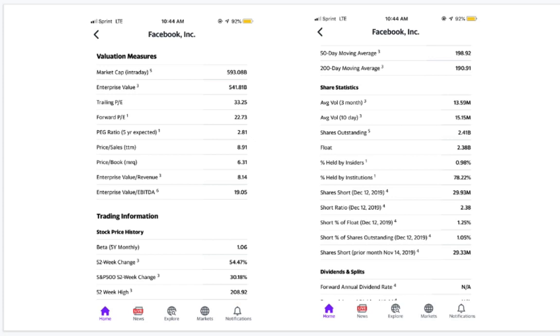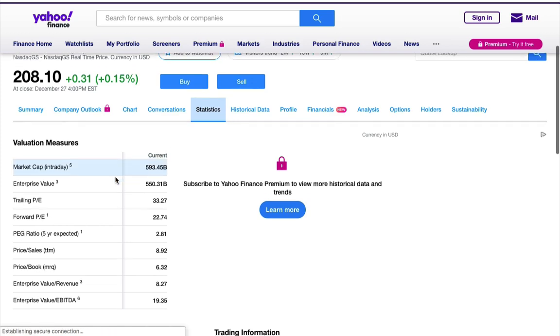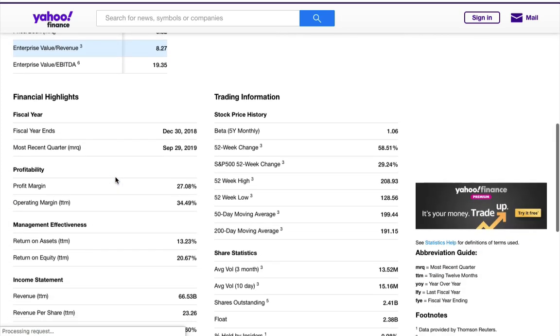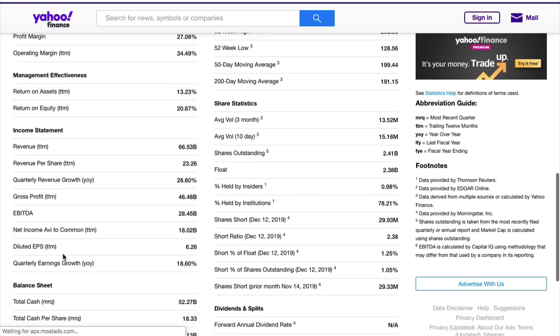So I'm going to jump into Facebook statistics on Yahoo Finance, and we're going to come down to look at EPS, or earnings per share, right here.